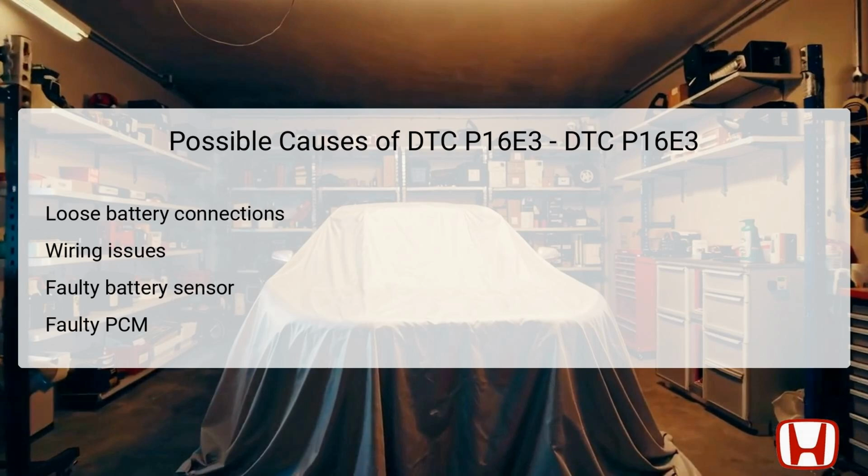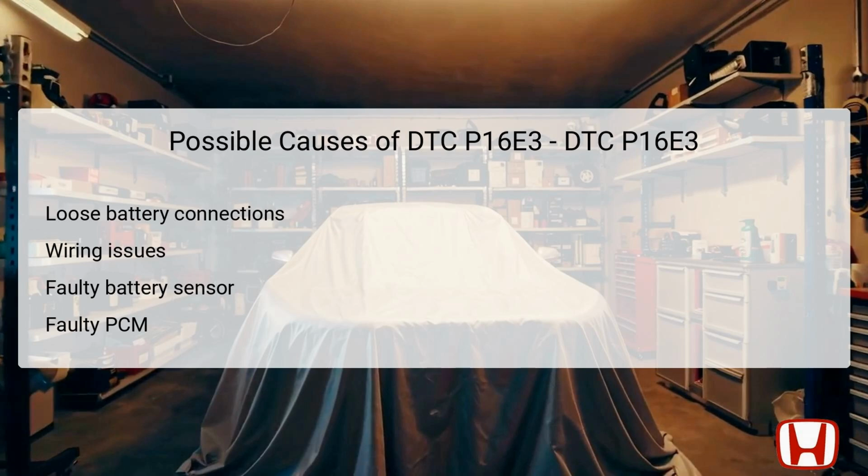Several potential causes can lead to the emergence of DTC P16E3. First and foremost, loose terminals on the 12-volt battery sensor can disrupt the communication line between the sensor and the PCM. Similarly, damaged or frayed wiring in the LIN communication line may lead to poor connectivity and signal degradation. Additionally, a faulty battery sensor itself could be at fault.